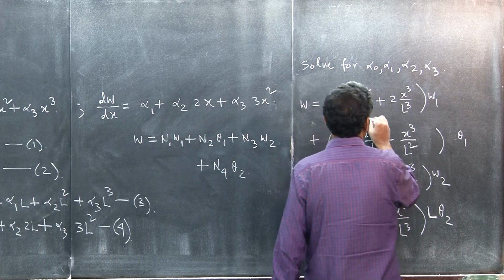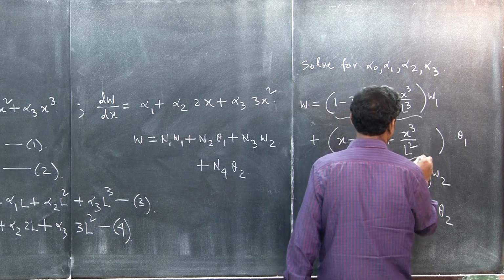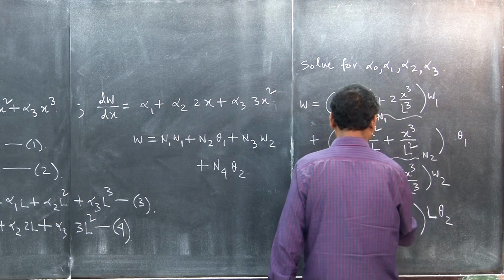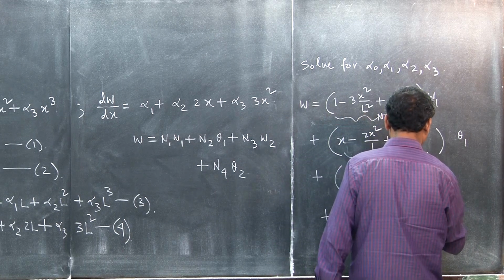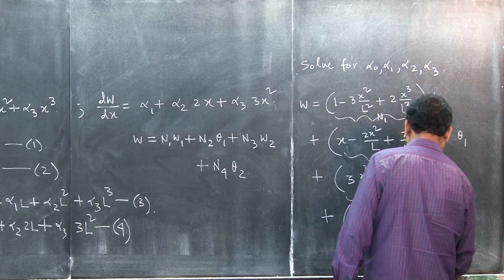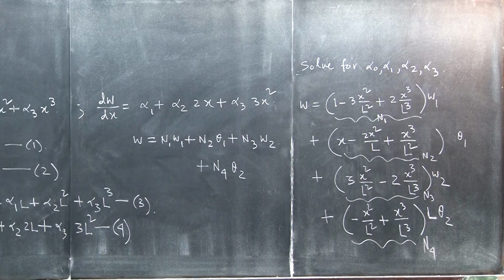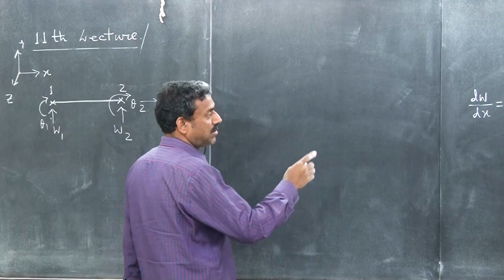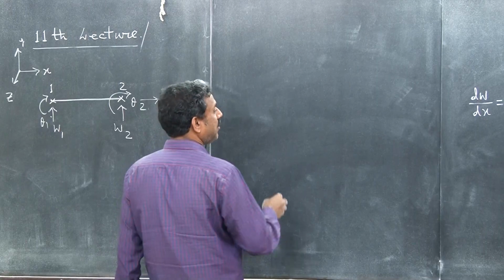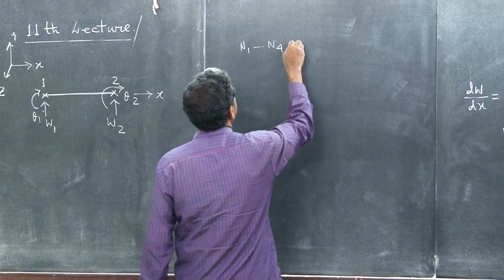This is N1, this is N2, this is N3, and this is N4, right? And what are these called? N1, N2, N3, N4. These are called shape functions, right?